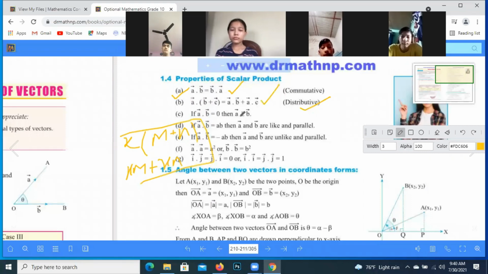Coming to point c: whenever the dot product of any two vectors is 0, then the angle between them must be 90 degrees. These two vectors must be perpendicular, this we have focused on much, right?